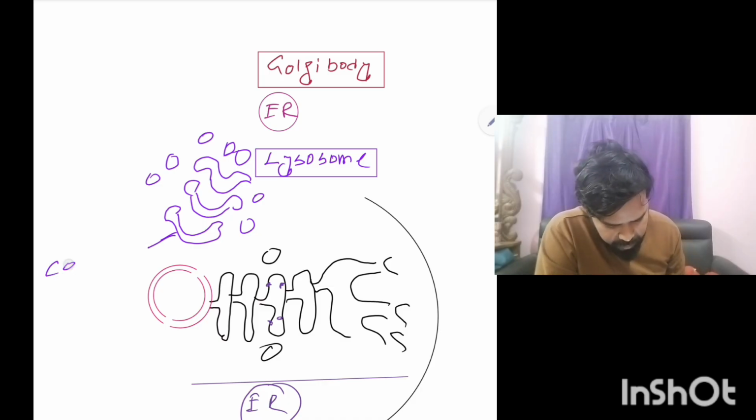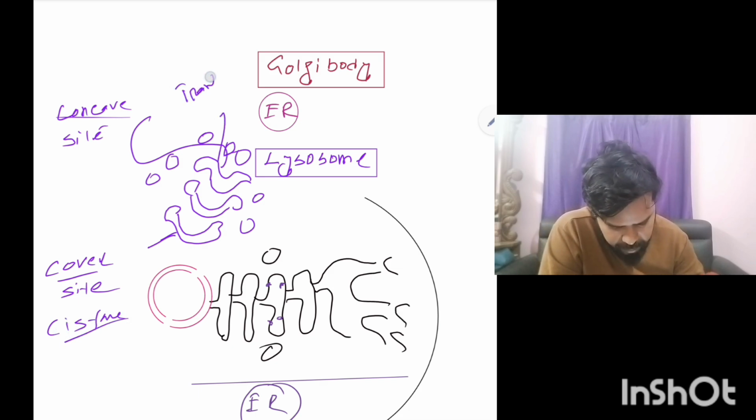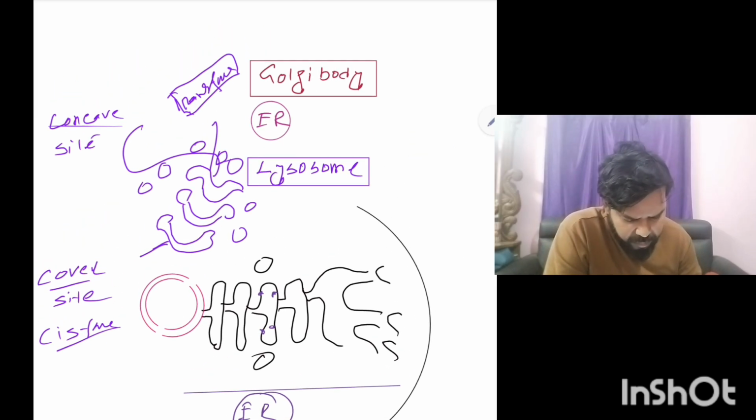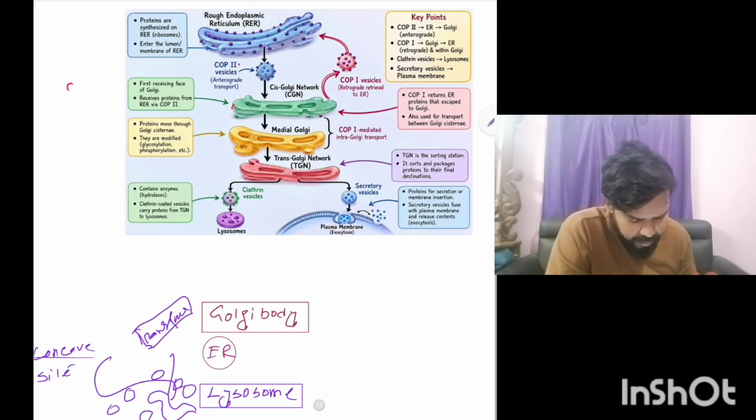This is also called the convex site, and this one is called the concave site, also called the cis phase, and this one is the trans phase. Why am I drawing this? Because without knowing this, you cannot understand the transmembrane system. Let me explain about the transmembrane system.